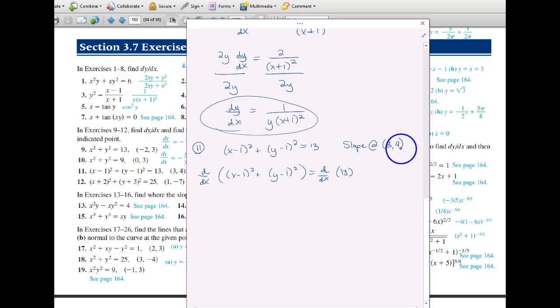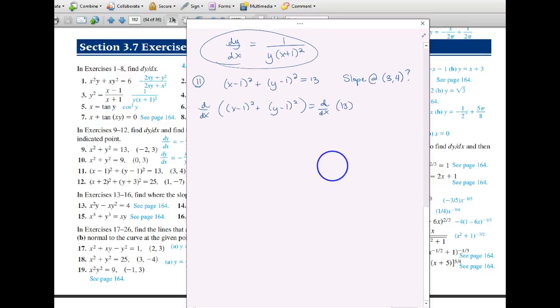Okay, so we do have a little bit of chain rule here inside the implicit differentiation, but the nice thing is the derivative of the inside is just going to be 1. So the derivative of (x minus 1) squared is going to be 2 times (x minus 1) to the first.